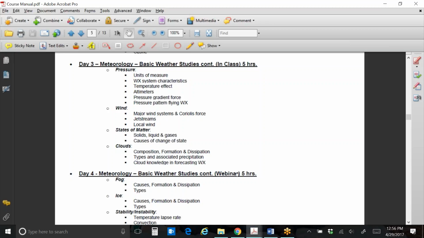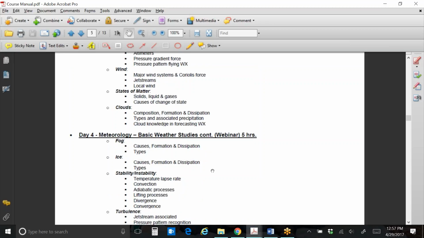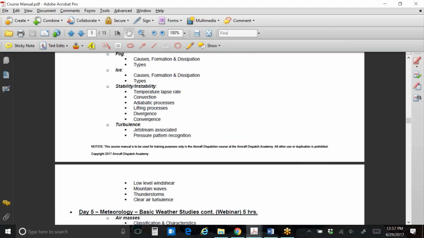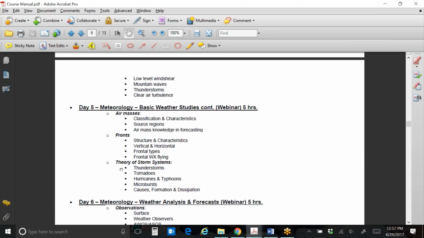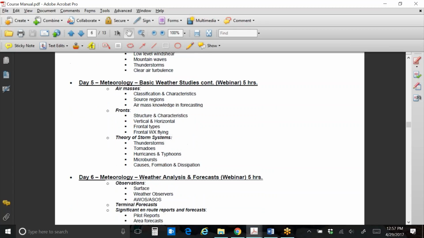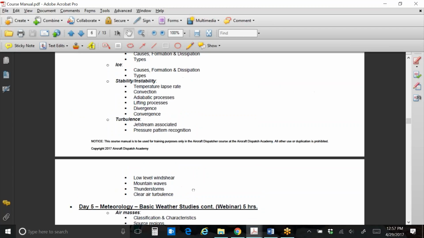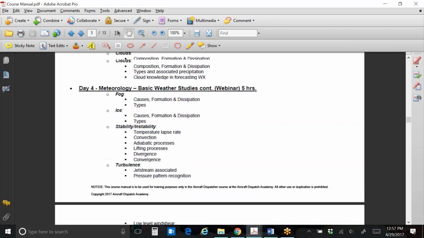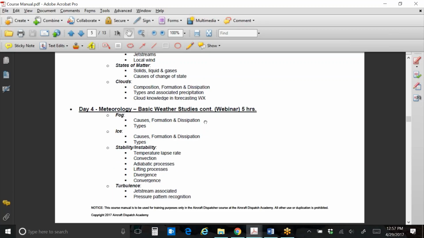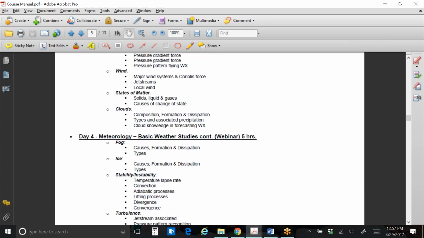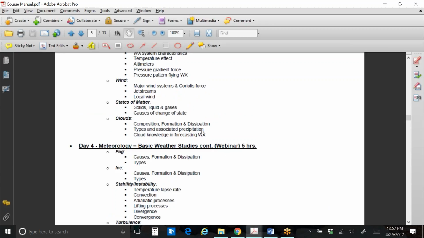We do end up covering a lot of the cloud section once we get down into the theory of storm systems, like thunderstorms, tornadoes, and the adverse weather type stuff and the clouds associated with those. So some of it will be covered, but if you have time to read those two sections, great. If not, it's not a huge deal.